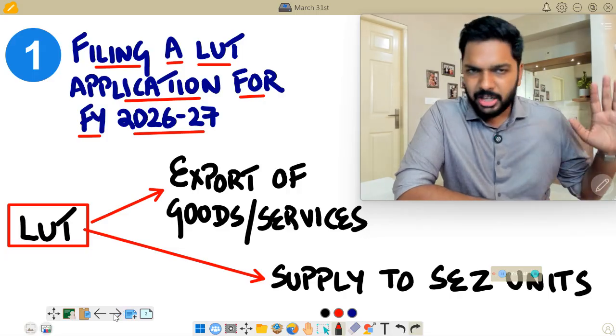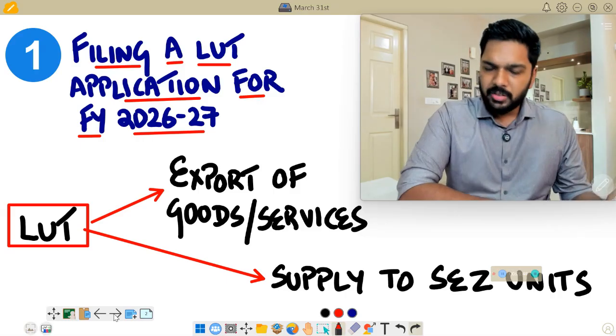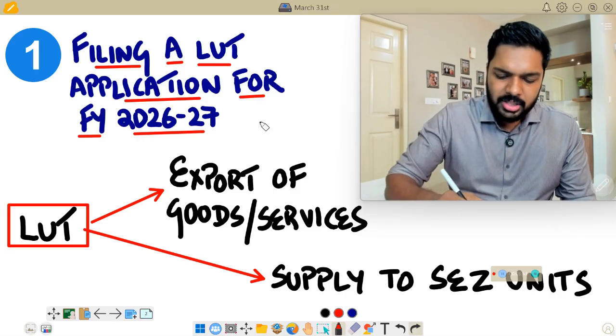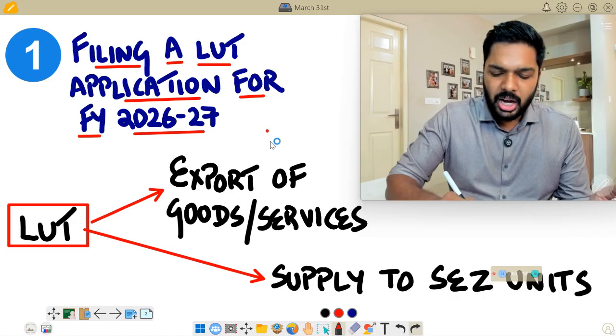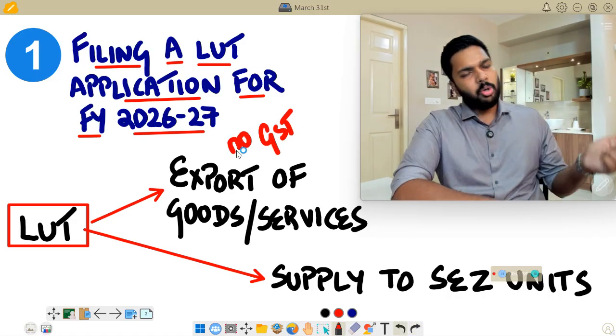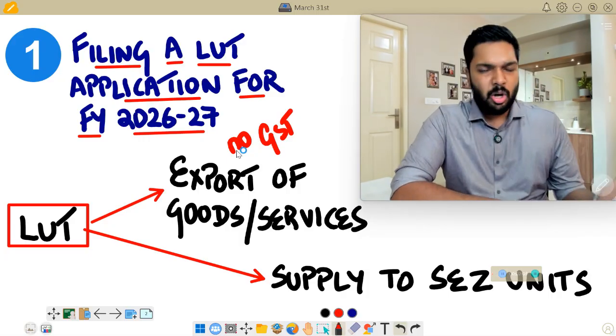Now, what is the objective use of this LUT? For those involved in the business of exporting goods or services or supplying to special economic zone units, there is no requirement to charge GST on the sale invoices. So you raise an invoice for the export of goods or services, or you raise an invoice for supply to special economic zone units.